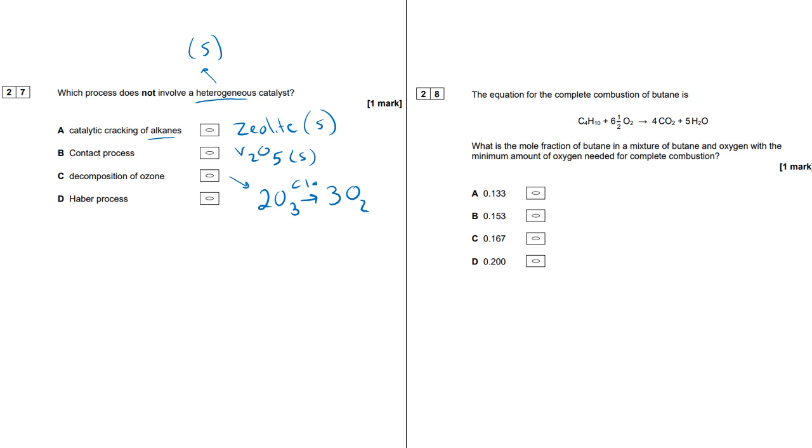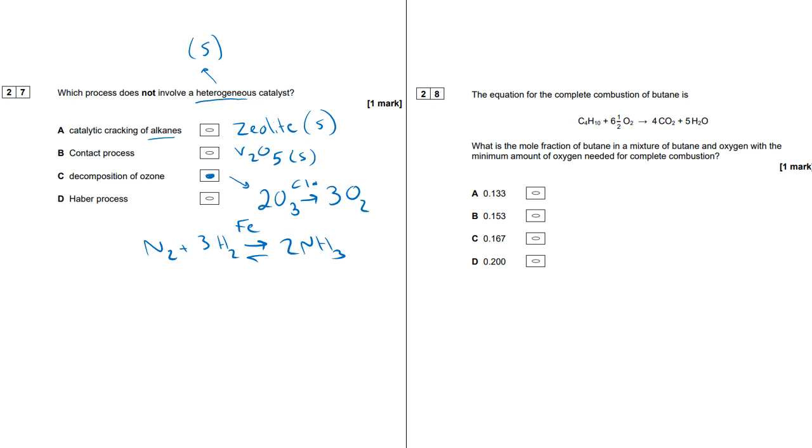The chlorine radical is gaseous as well, so that would be a homogeneous catalyst. So that is the correct statement. And finally, the Haber process, we're going from nitrogen and hydrogen, which are gaseous, to ammonia, which is also gaseous, and the catalyst there is solid iron. So again, C is the only homogeneous catalyst here, all the others are heterogeneous.